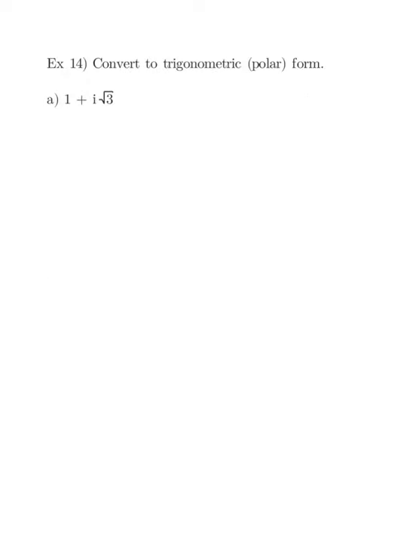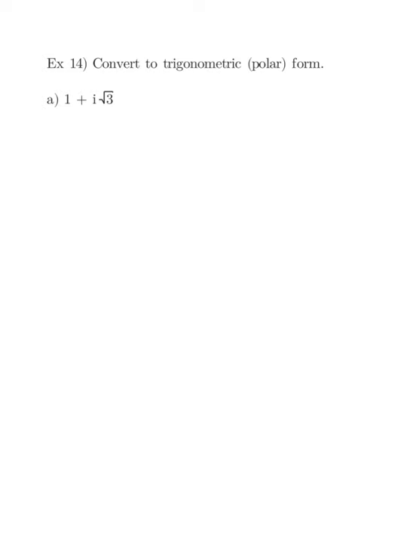On example 14, we are going to convert complex numbers to trigonometric or polar numbers. The first thing we want to do is look at our number and decide what quadrant it would fall in. If you look at this, we have 1 plus square root of 3i. Well, the 1 would have us go right, and the square root of 3, because it's positive, would have us go up.